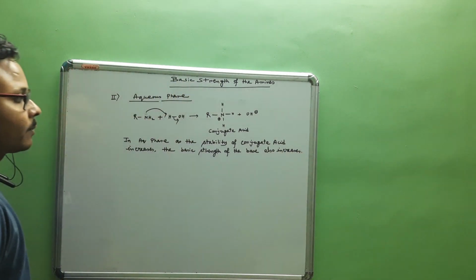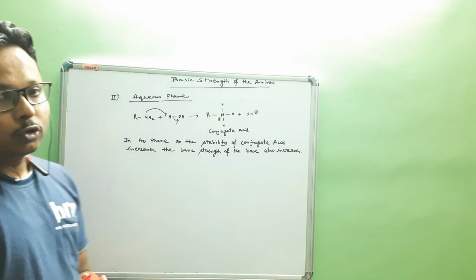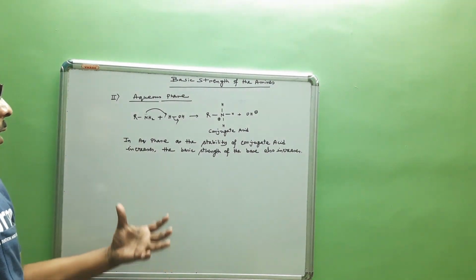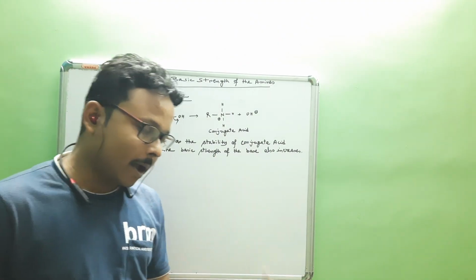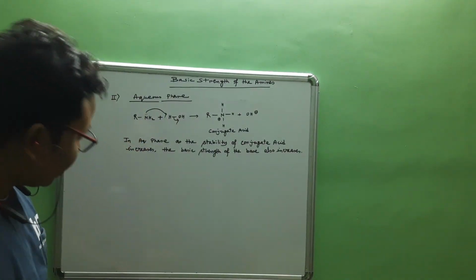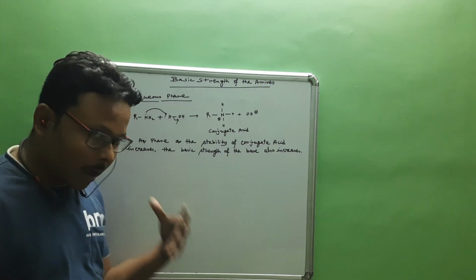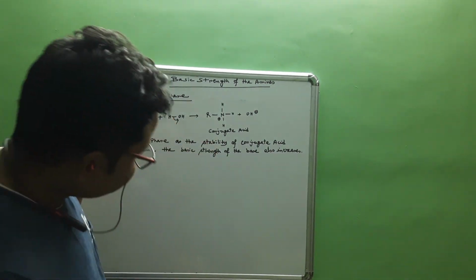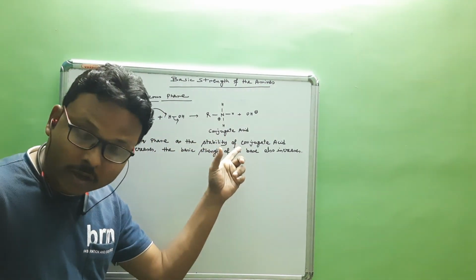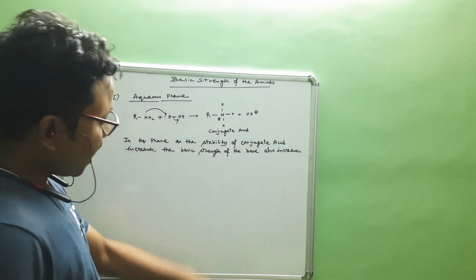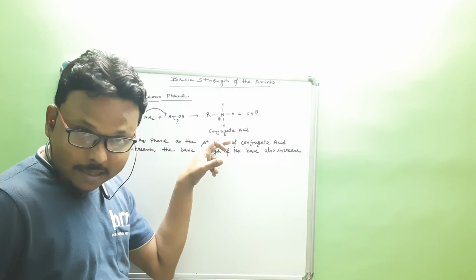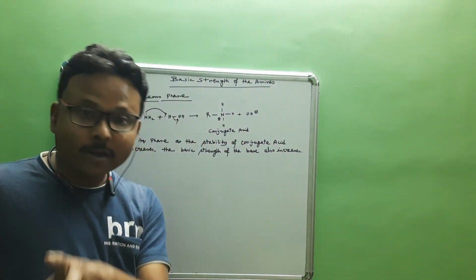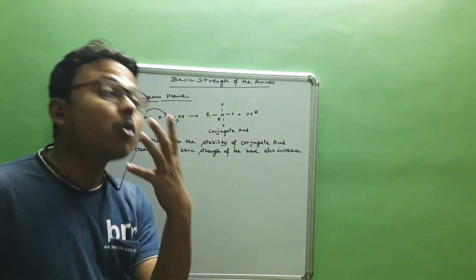Okay. So how can we explain the stability of such type of conjugate acid? The stability of the conjugate acid of amines can be explained by the hydrogen bonding. How?